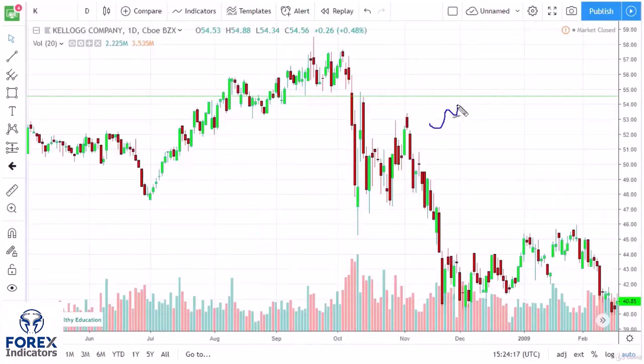So a rectangle top is simply in an uptrend, an area where you get lots of choppy action, and you could put two trend lines that form a rectangle, and then a breakdown through that. This is also known as distribution.